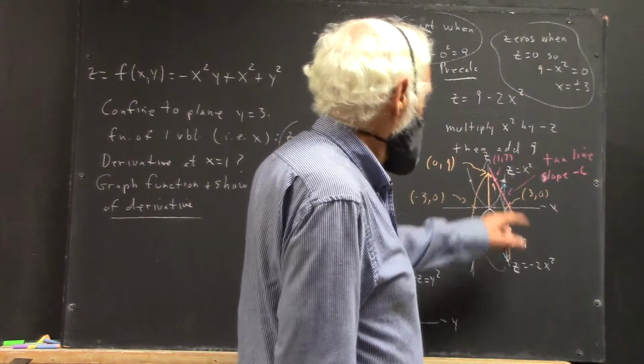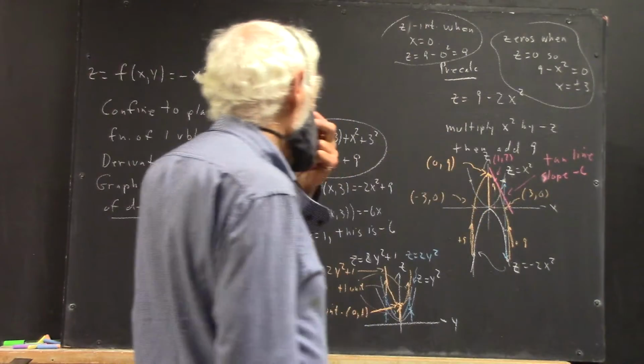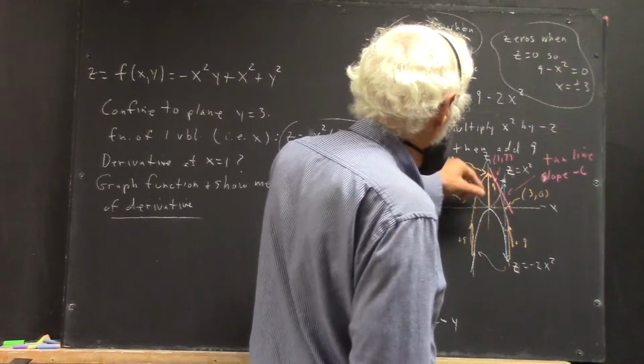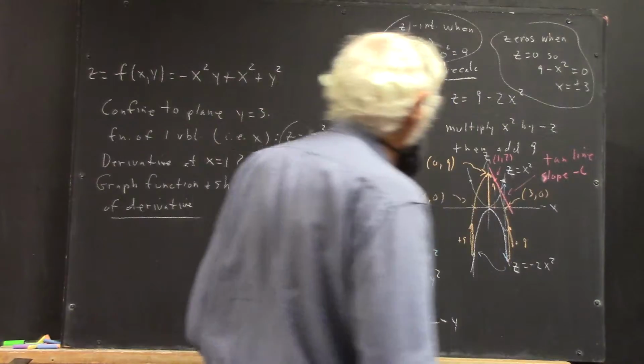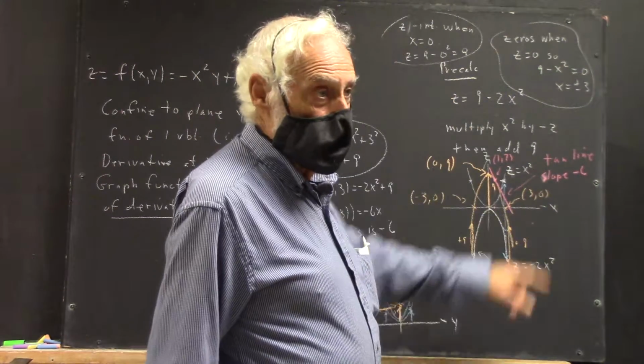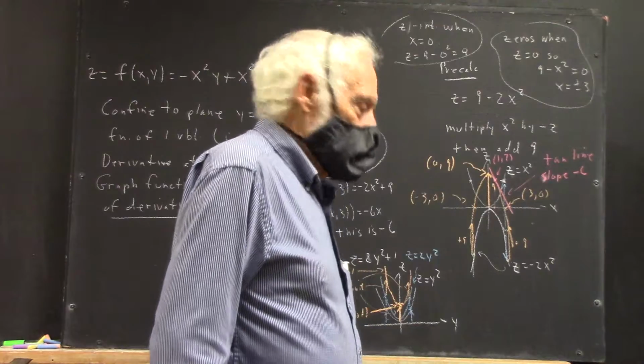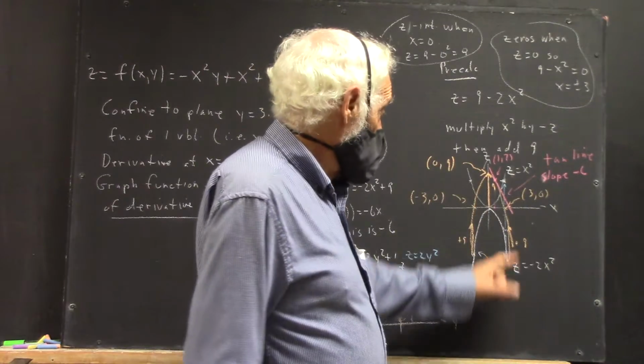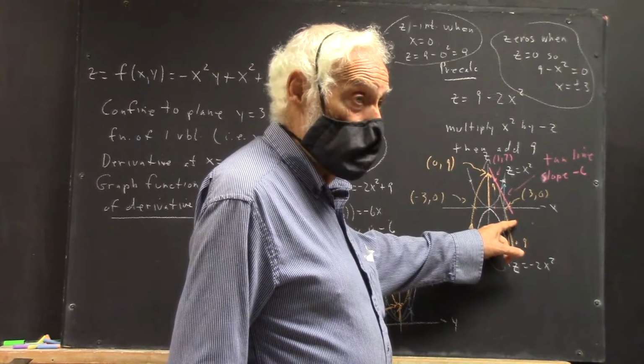And actually that reconciles fairly well, considering that I had kind of a pointed parabola here, with where this tangent line ought to intersect the x-axis. And you should be able to figure out where that tangent line intersects the x-axis.